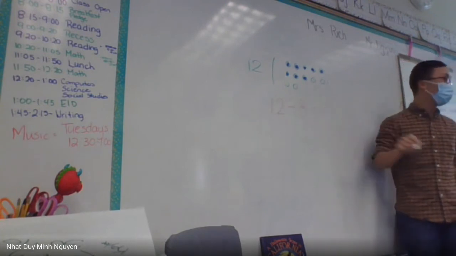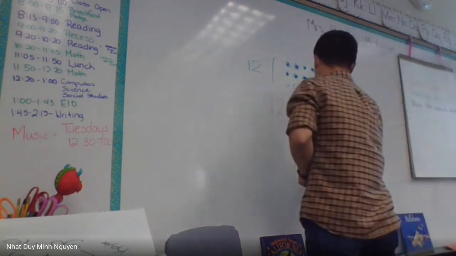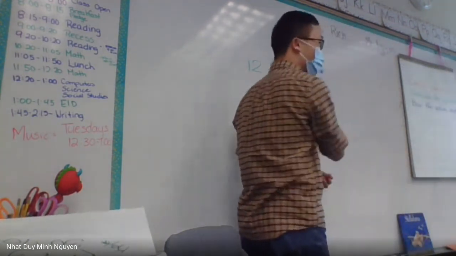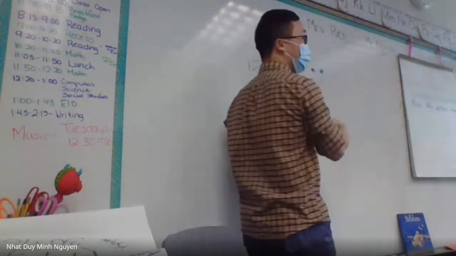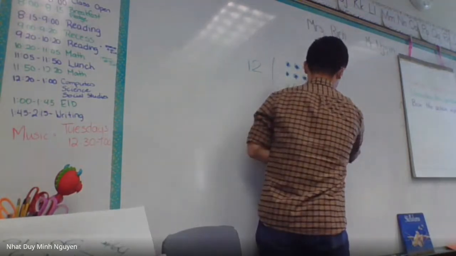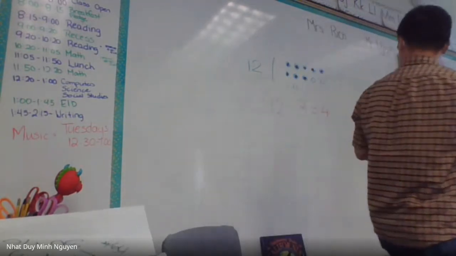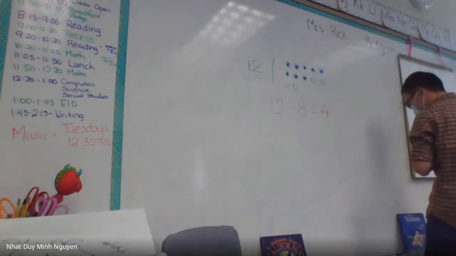We should have the number of roses, right? So take away, that means we count backward. Backward 8 times, right? So we know that is 4. Right? So the part right here, I call that we evaluate.